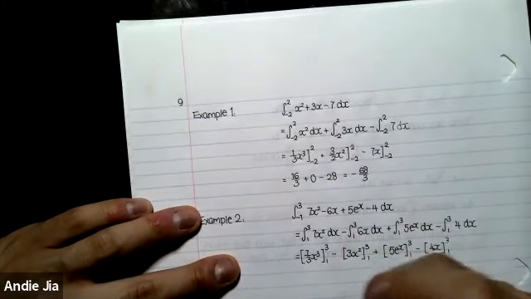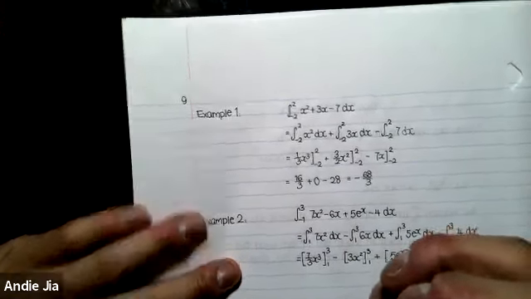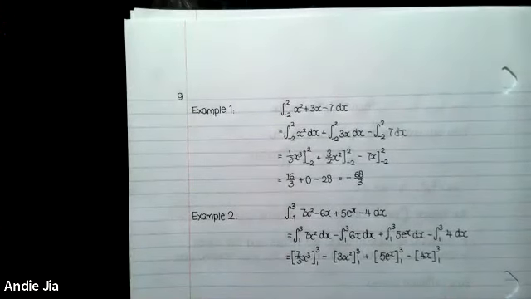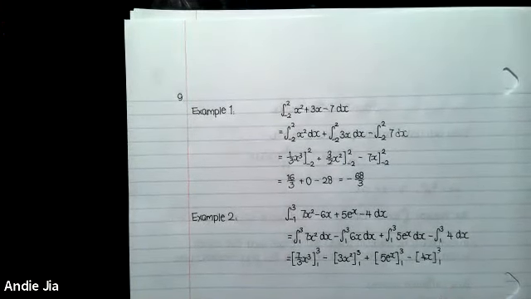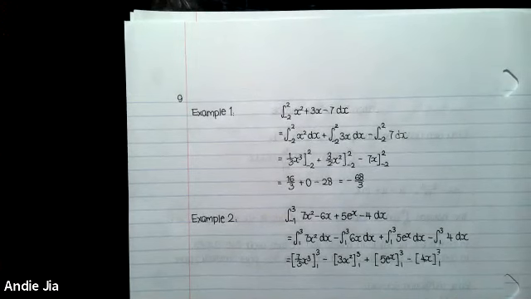Having 3 over 3, 27 times 7 is 189 minus 7, 3 or 182.